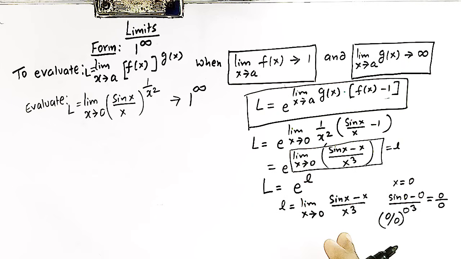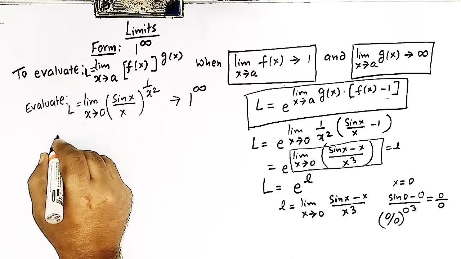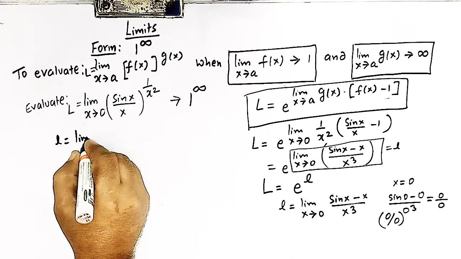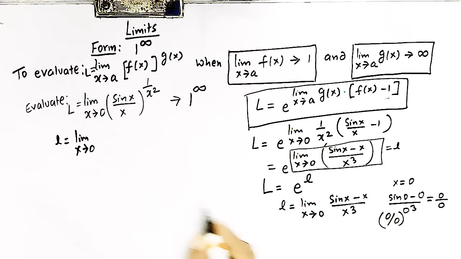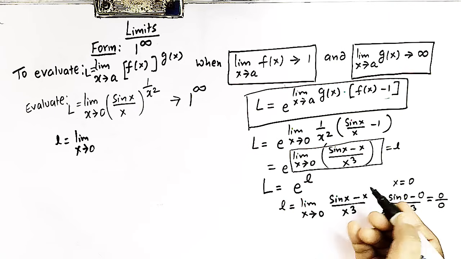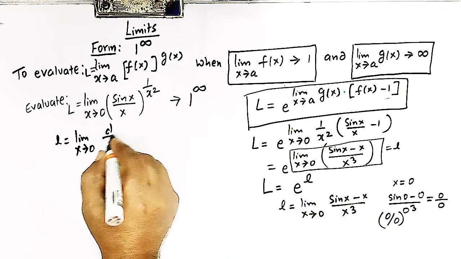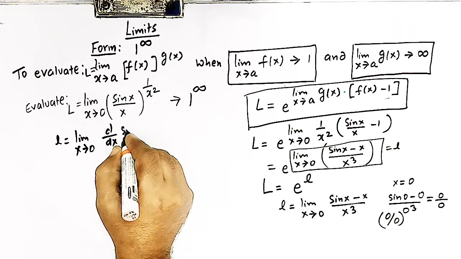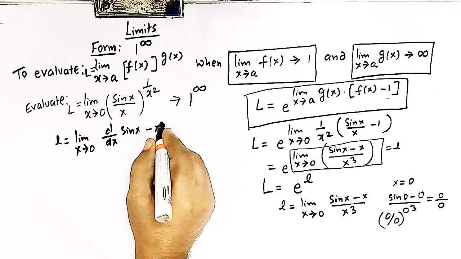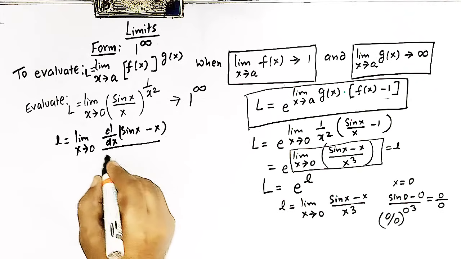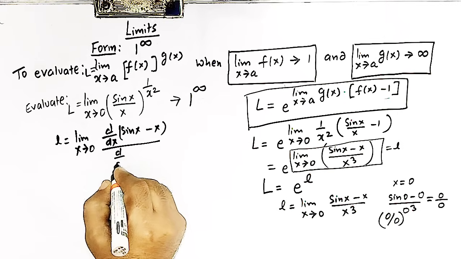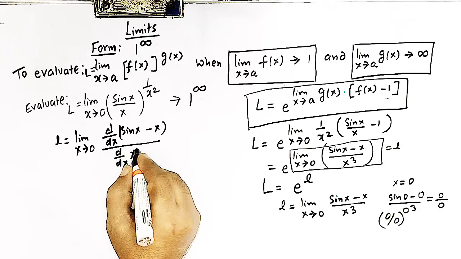So we can apply L'Hopital's rule here, differentiating the numerator and denominator with respect to x. We have d by dx of sine x minus x, and d by dx of x cube.